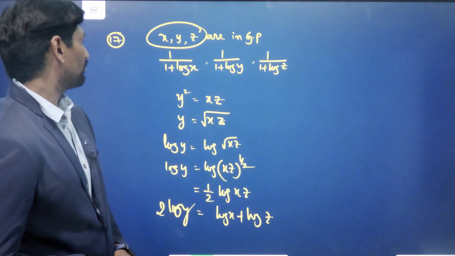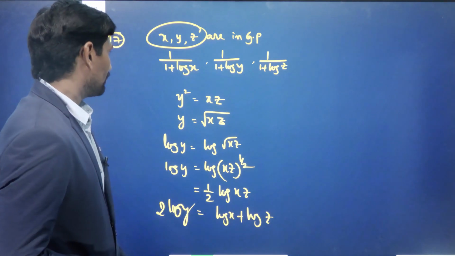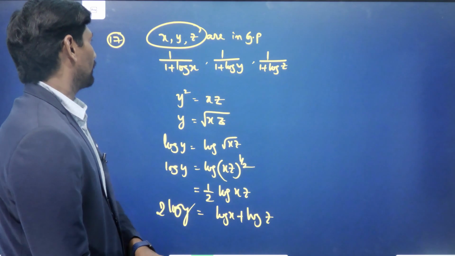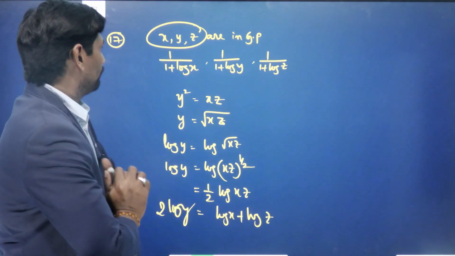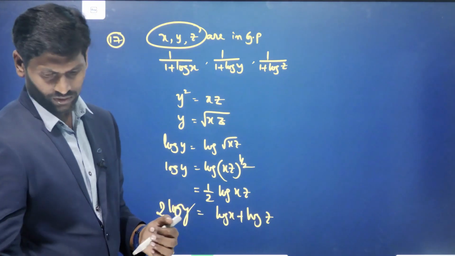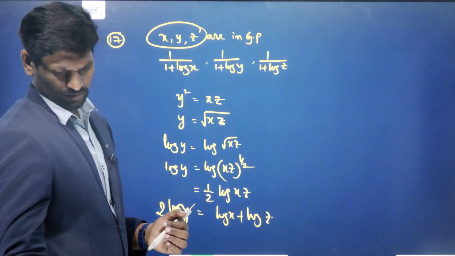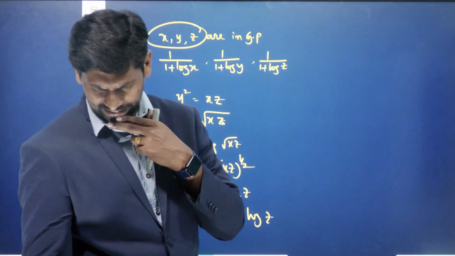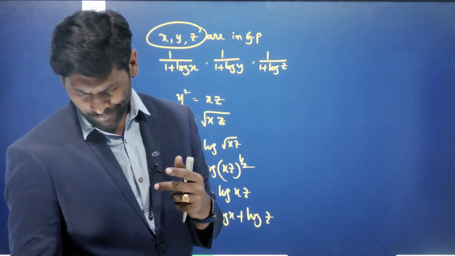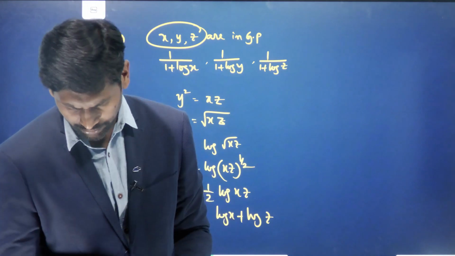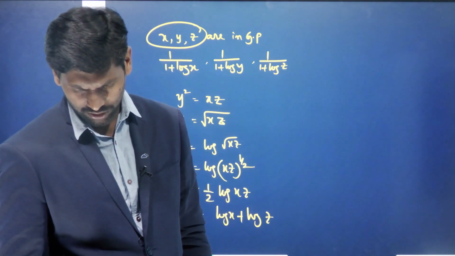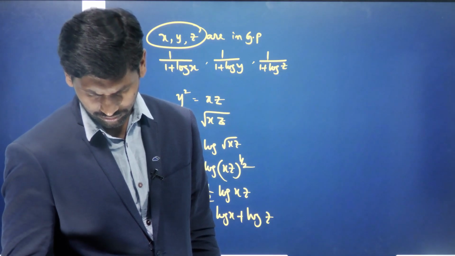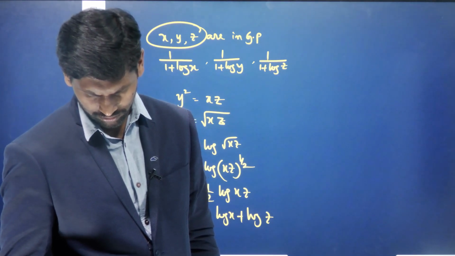But we should get 1 plus log x, 1 plus log y, 1 plus log z. Let us try to take x, y, z in GP and 1 by 1 plus log x, 1 by 1 plus log y, 1 by 1 plus log z are in what?